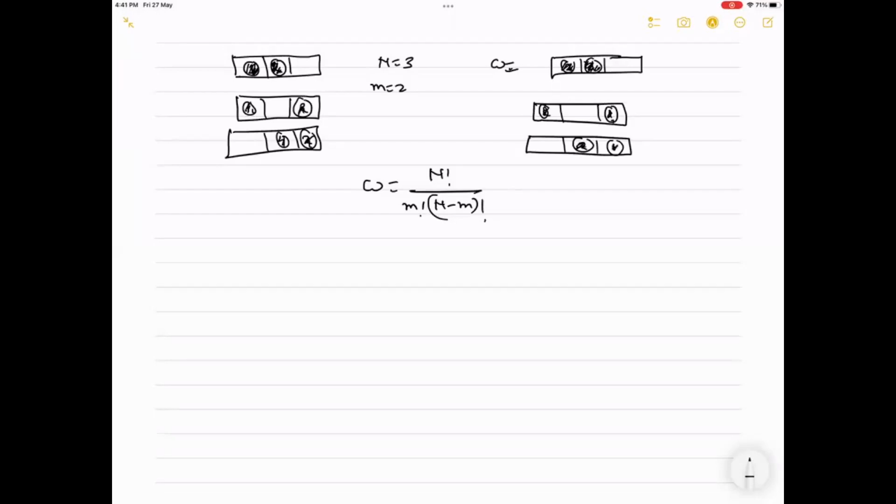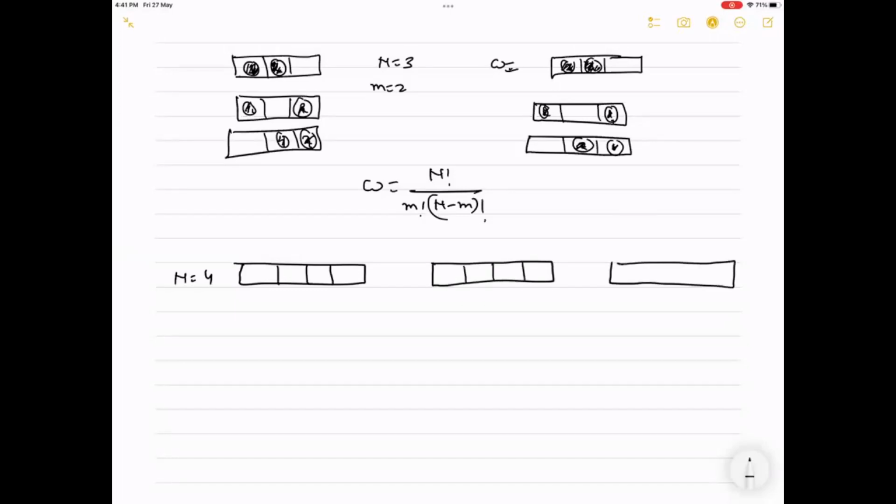Now, I would ask you to work out another problem. Suppose I have a total of 4 sites, n is equal to 4, and I am giving you 3 cases. In all of these, n is 4.